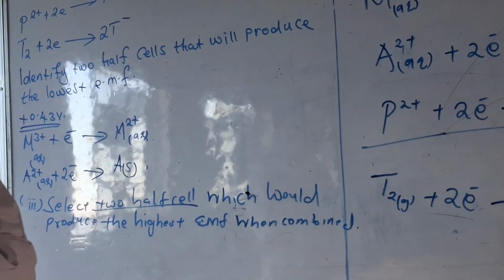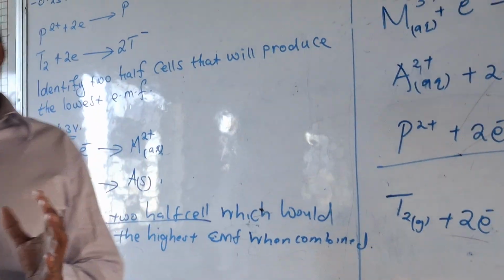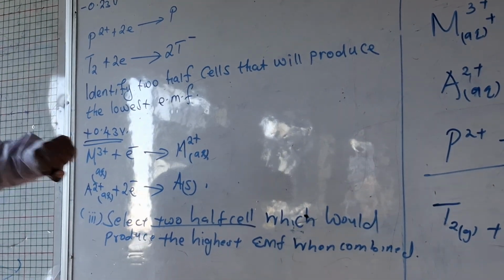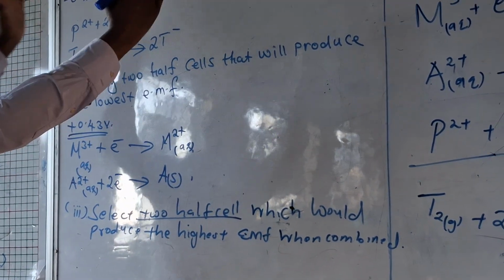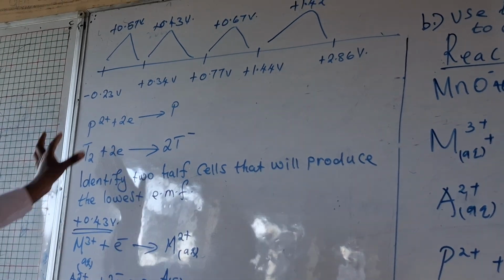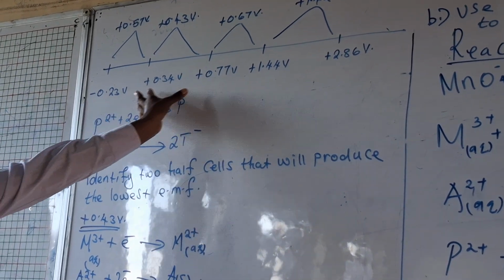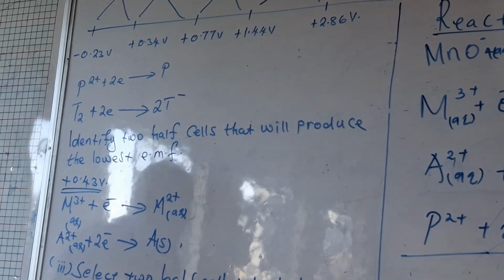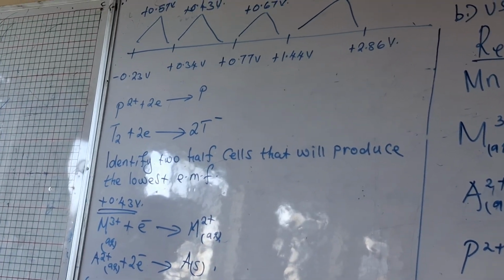I hope you have noted the difference. Highest EMF is the one which is on the far right minus the one which is on the far left. The one which is having the biggest space. Are we together? Lowest EMF is actually between two half cells which are close together. So you now test each one of them until you get the one which has the lowest EMF.